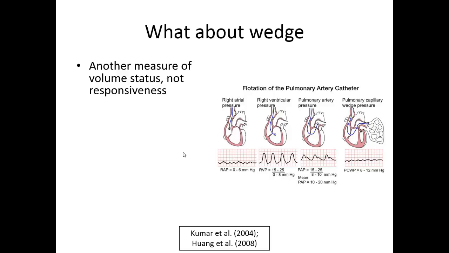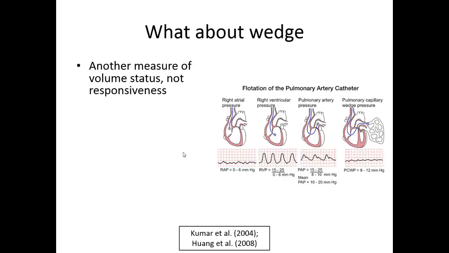And by the same token, wedge. Wedge is similarly kind of fraught because it's not actually an assessment of fluid responsiveness. And it's not even really an assessment of preload. Wedge is attractive compared to CVP because it isolates the left ventricle, and we want to optimize left ventricular preload to increase stroke volume and increase cardiac output.